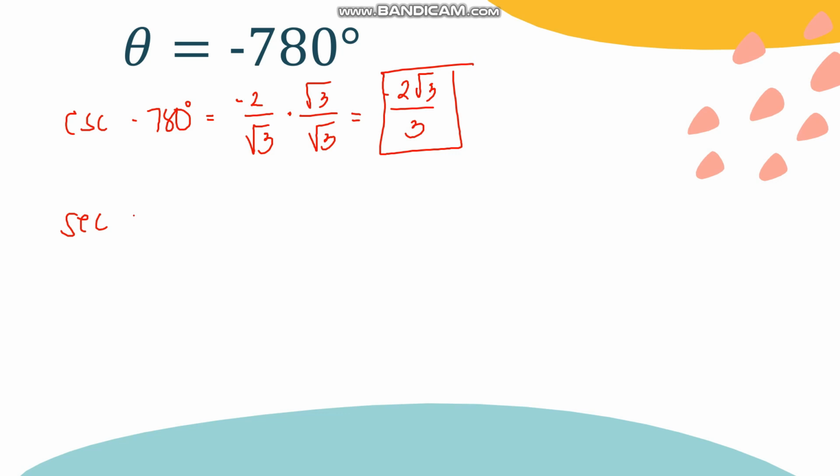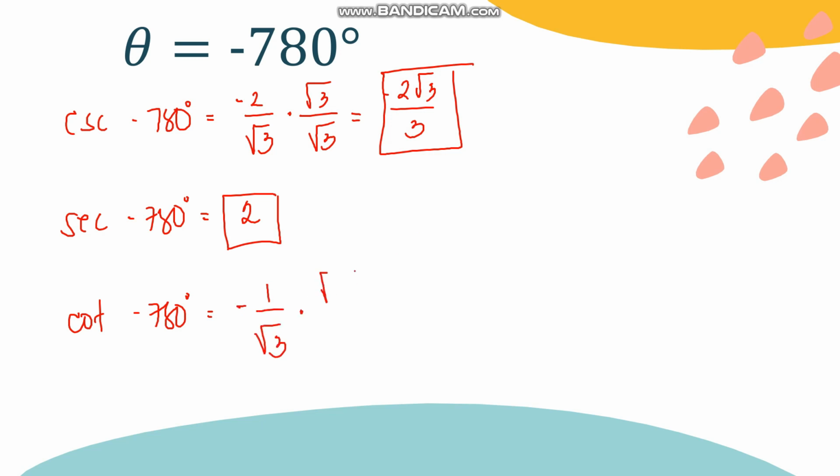For the secant of negative 780, this is the reciprocal of the cosine. So therefore, we have 2 since the cosine is 1/2. So secant is 2. Then for the cotangent of negative 780 degrees, it's the reciprocal of the tangent. Our tangent is negative square root of 3, so its reciprocal is negative 1 over square root of 3.